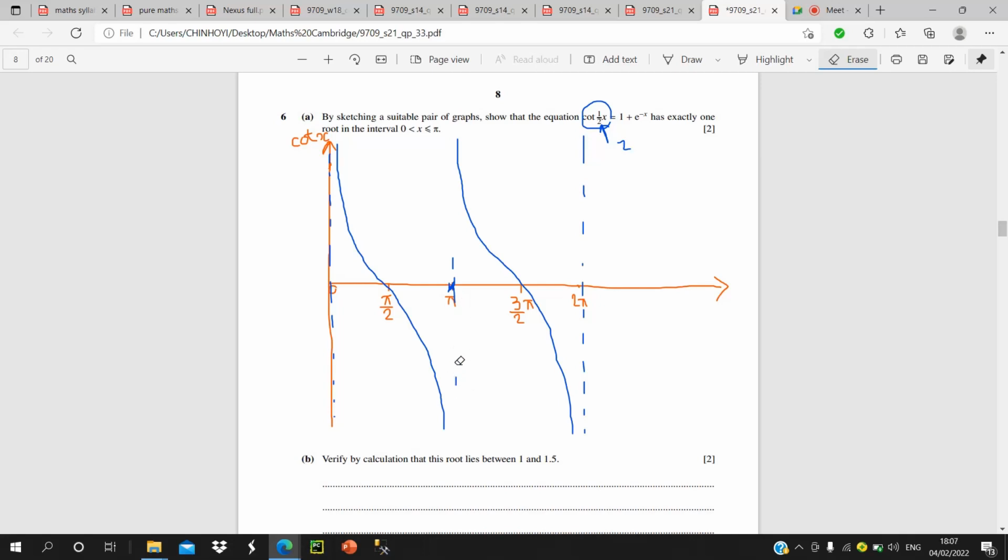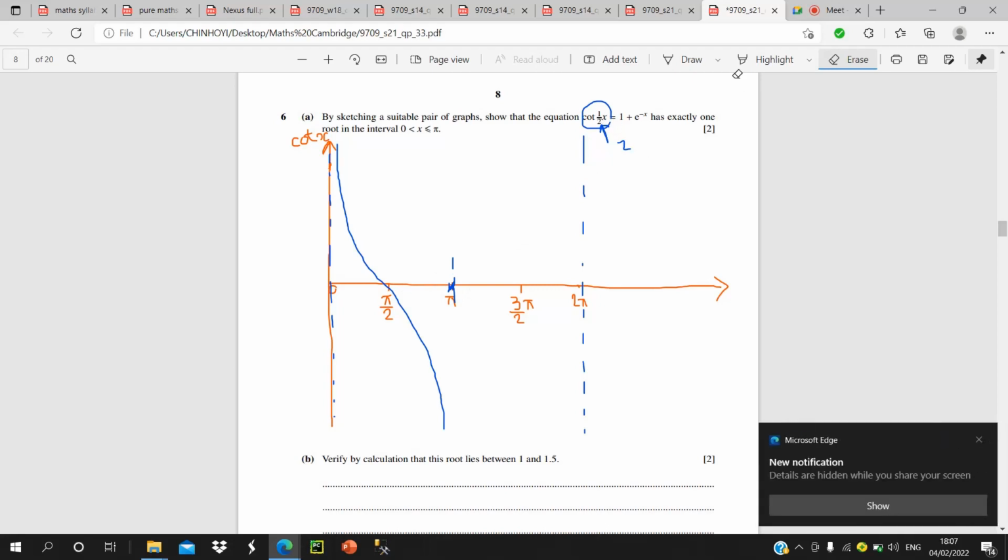Because we are going to multiply pi by 2, this asymptote is going to shift to 2 pi, right? Yes. So this asymptote is going to shift to be at 2 pi, and this graph is going to cut at pi, because we have multiplied everything by 2 because it's a stretch.